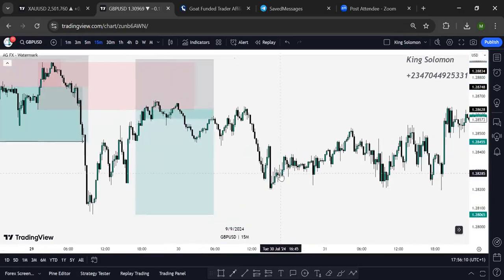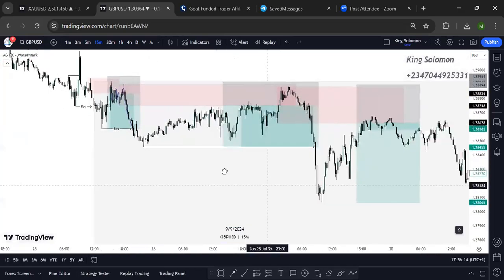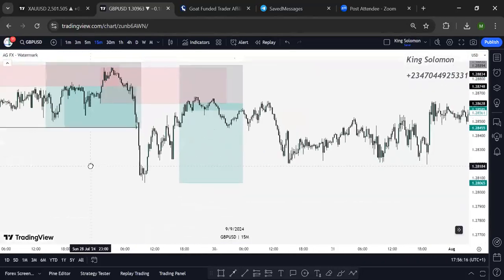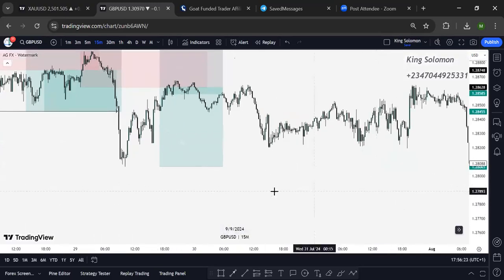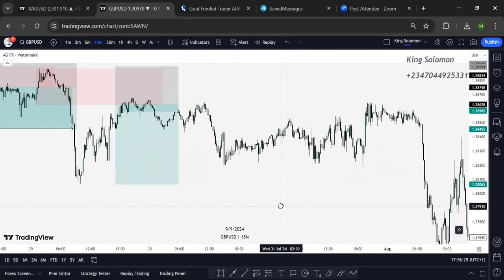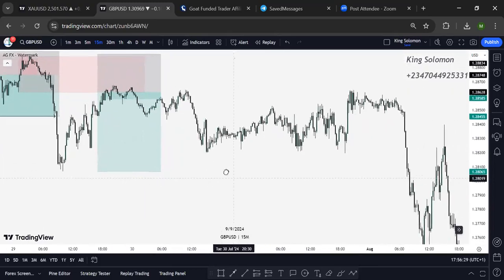Make sure that as you're riding this downtrend, you want to be conscious if there's any higher time frame demand zone. If there was any, you would have marked the higher time frame demand zone, so once the price taps into that zone, you would be conscious of any reversals, right?